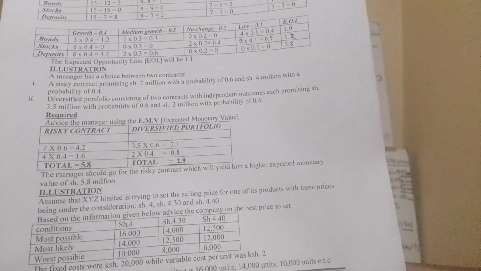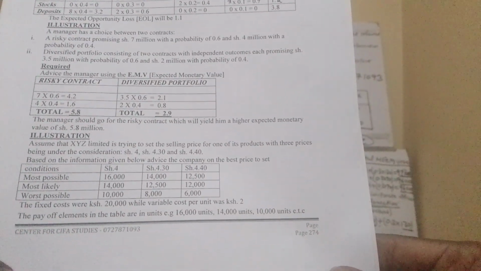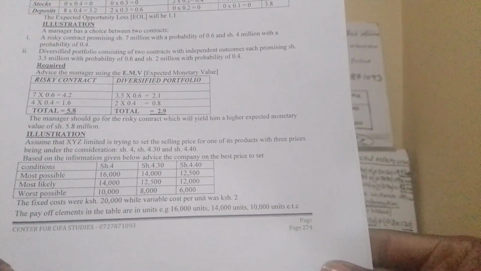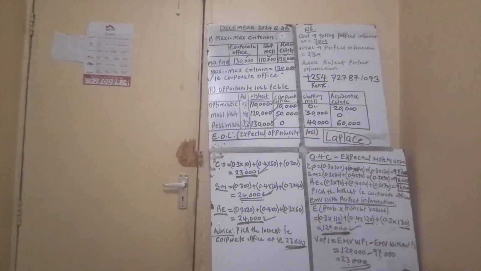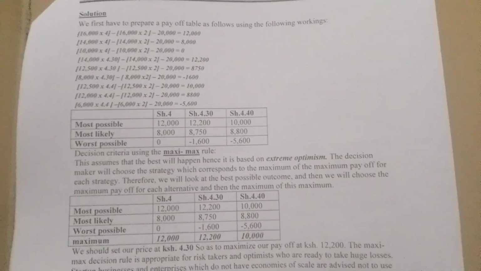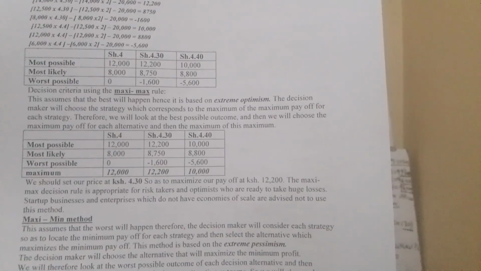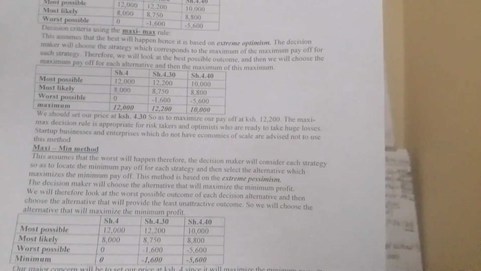Another illustration: a manager has a choice between two contracts. The illustration is there. It goes all the way through the other side. The illustrations are there. The max min method is there.